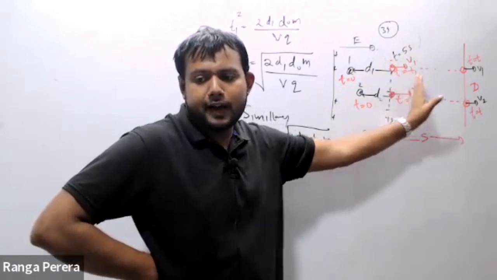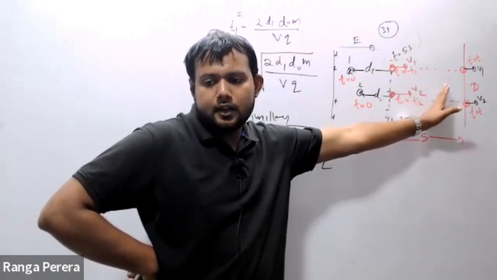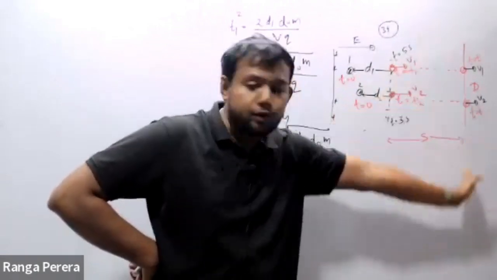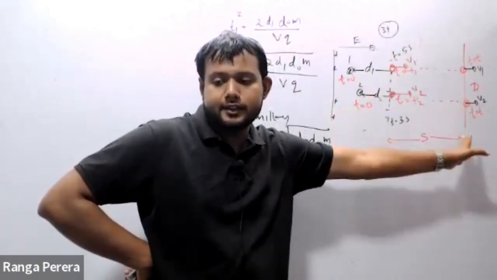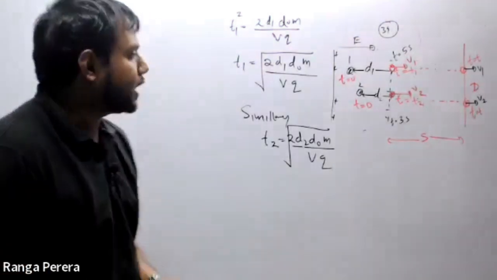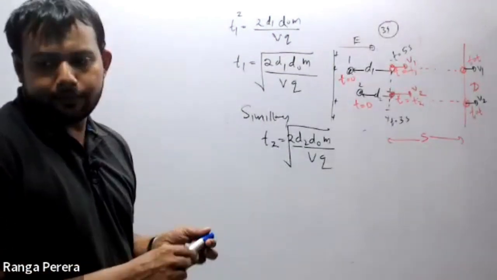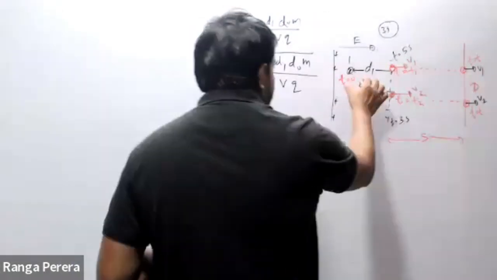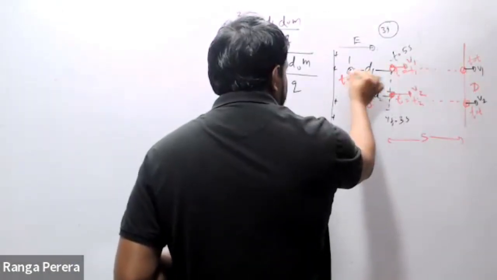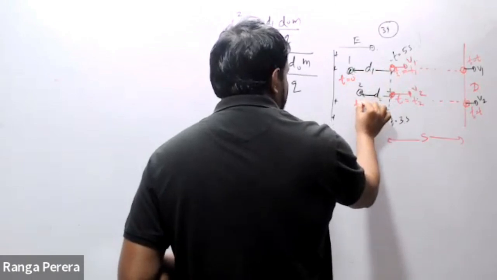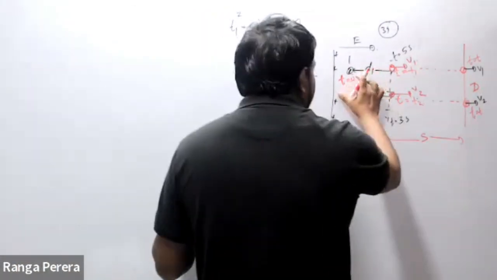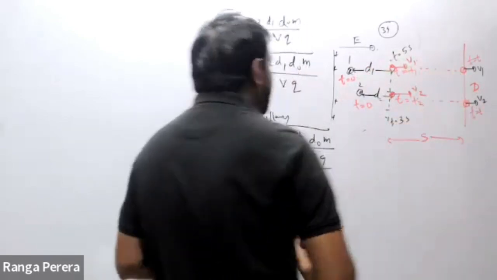By then the other has gone a longer distance. But since this one's speed is higher, they meet somewhere. We have to keep the detector at that distance. So they want us to develop the relation. We know the time started from here is t1 and from here t2, so we can say the total time elapsed for both particles is the same.